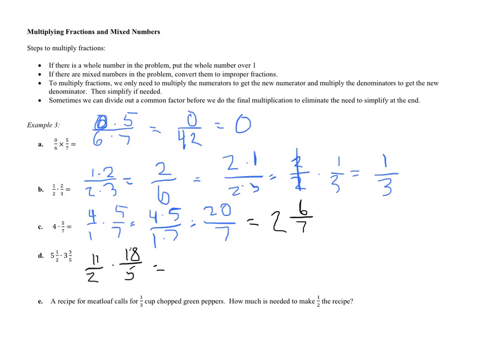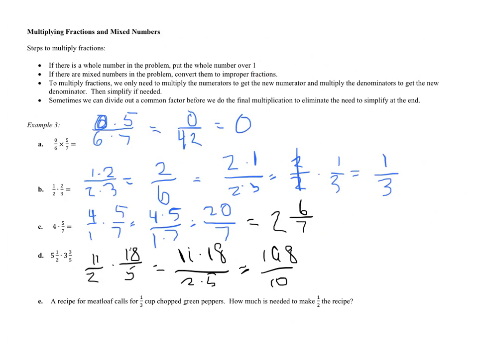Now we can multiply 11 over 2 times 18 over 5, 11 halves times 18 fifths. And we will multiply our numerators, 11 times 18, to get the new numerator, which is 198. Multiply our denominators, 2 times 5, to get the new denominator, which is 10.